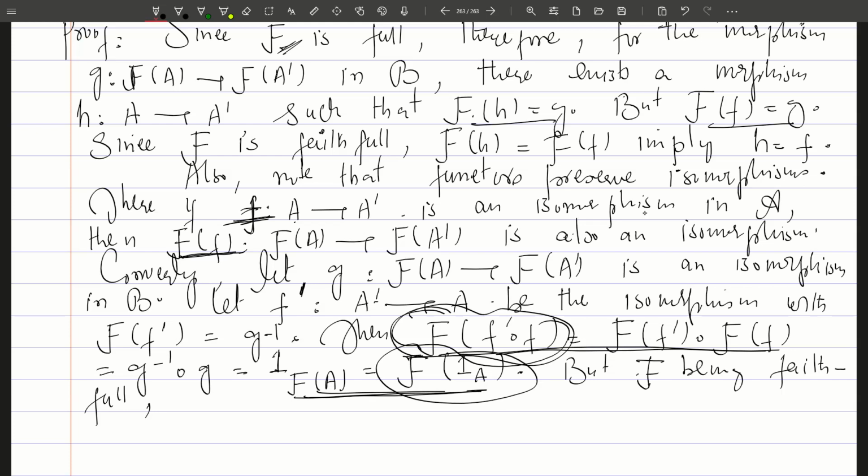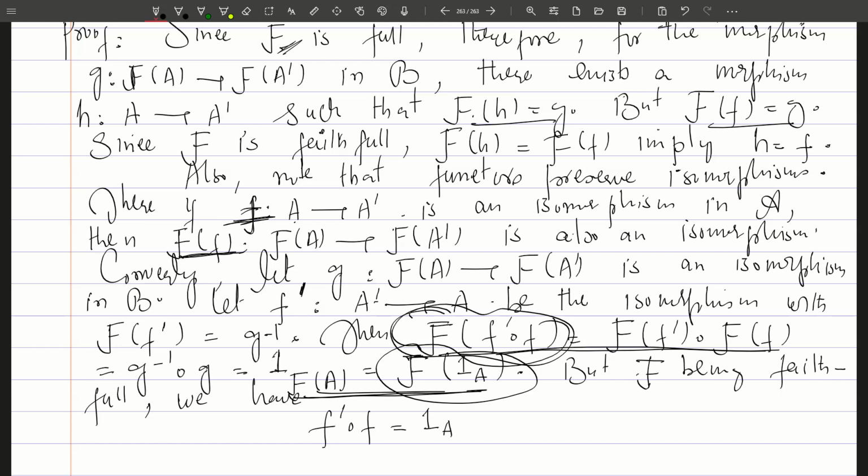Now using the faithfulness of functor f, we get f prime composite f is actually identity on A. So we have f prime composite f is identity on A.